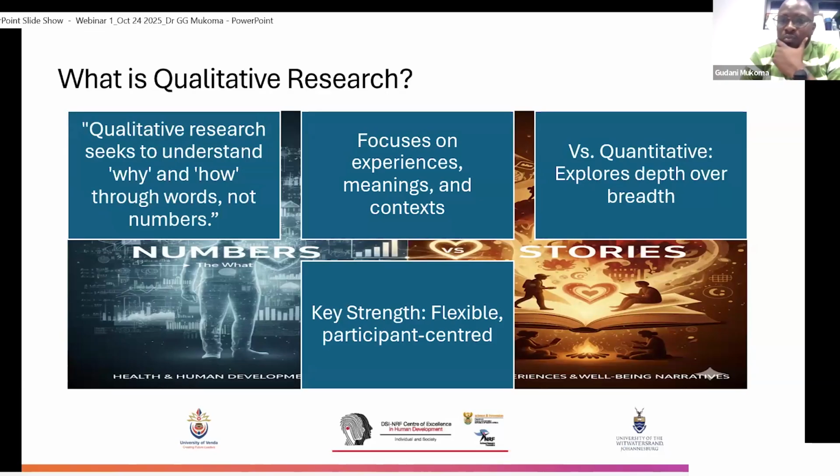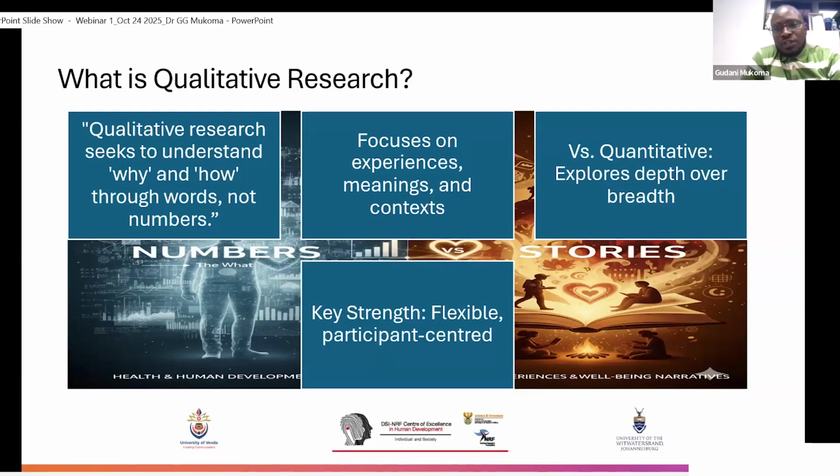Right. So I want us to now start by talking about qualitative research. I'm sure you might have heard this before, maybe in your class or during engagements, that qualitative research is like storytelling. Why is it like storytelling? It's because it captures the lived experiences of people. To define it, I would say that qualitative research is a methodology that is focused on understanding human experiences, behaviors, and social phenomena by collecting and analyzing non-numerical data.